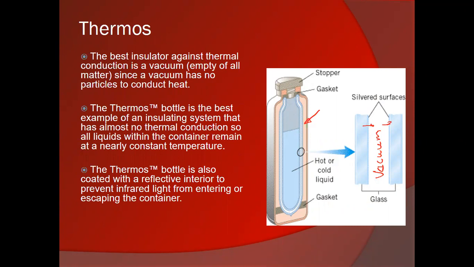And then finally, they silver the surfaces. They make the surfaces shiny, so thermal radiation will actually bounce off the walls and not go from one wall to the other. So if you have one of these thermal bottles, these thermoses or these dewars or whatever they call them, you'll notice you can put a cold drink in them, okay?